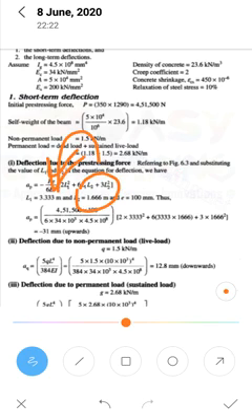Later, eccentricity is given as 100. By taking L1 and L2 and the e value of 100, you find out the deflection due to the prestressing force.